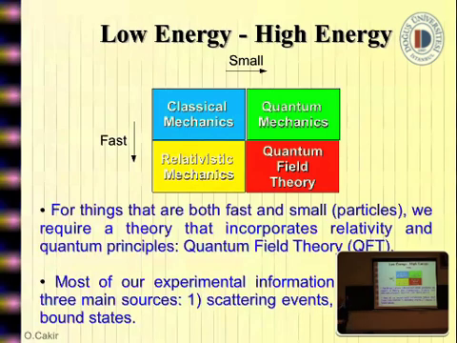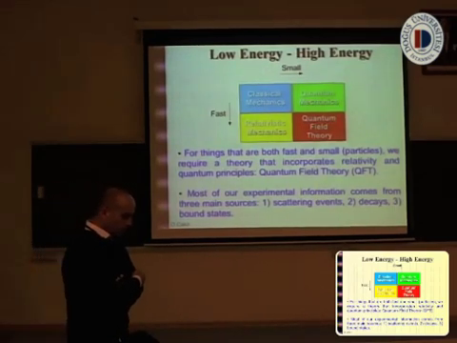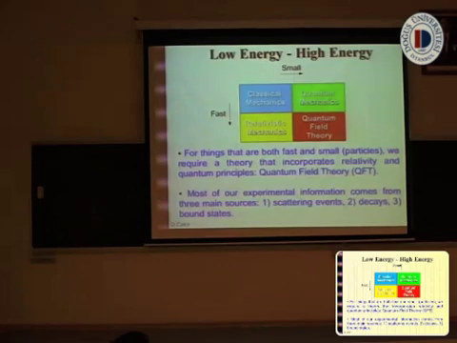In particle physics, we deal with high energy because the smallest particles and the fastest particles are the ingredients of particle physics. At the very small scale, particles obey some physics rules, and we call them quantum field theory.